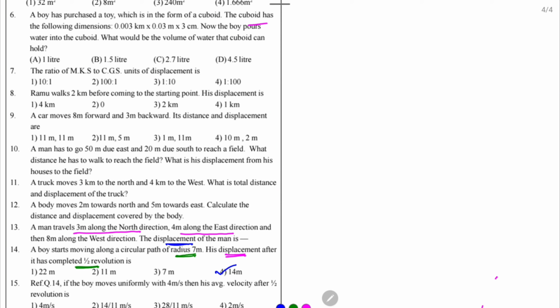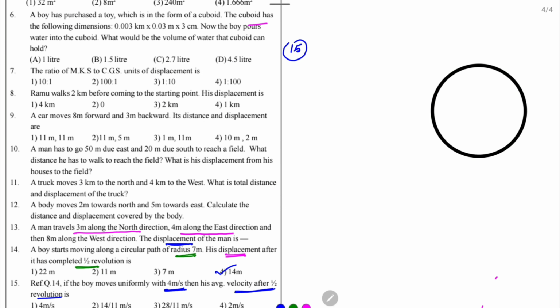Let's see question number 15. Reference to question number 14. If the boy moves uniformly with 4 meters per second, then his average velocity after half a revolution is what? This is the circular track of radius 7 meters. Fine.